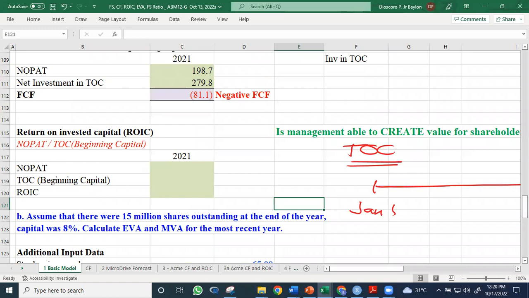So sa simula pa lang, it's not as if walang operating capital yung management. No? They were provided with 1516.4. So that was the amount of total operating capital that was provided to management.